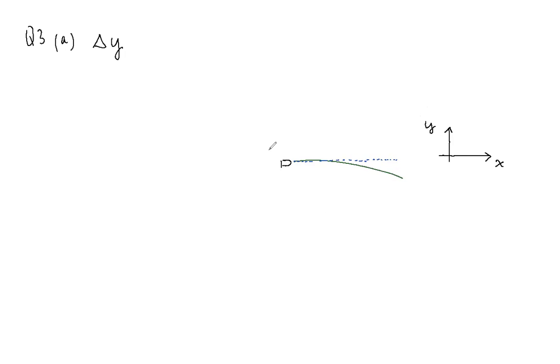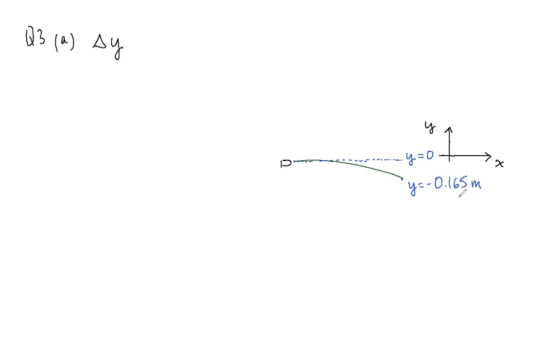Along this line, y is equal to 0. By the time it reaches the target, at the end point here when it hits the target, the y coordinate is y equal to minus 0.165 meters.